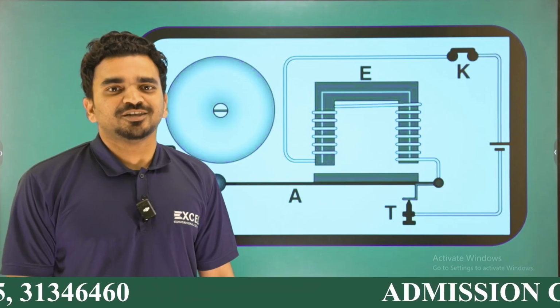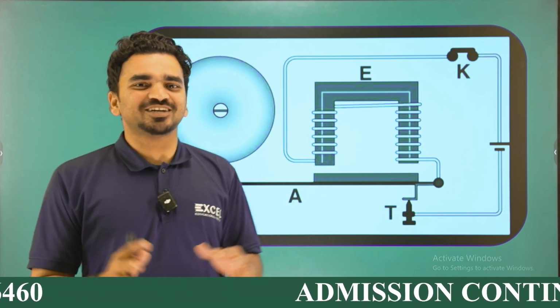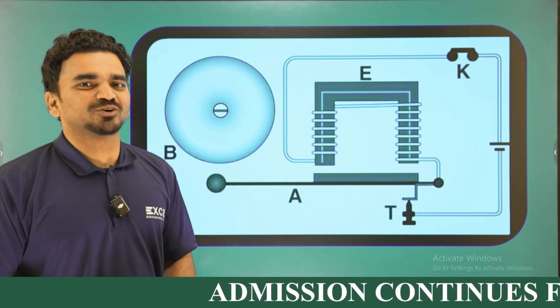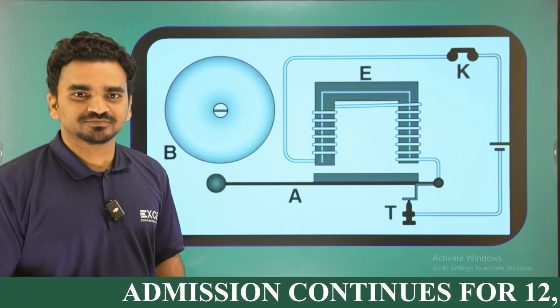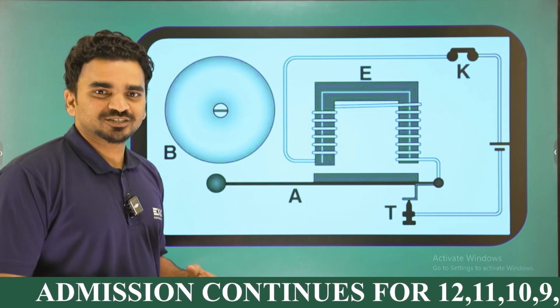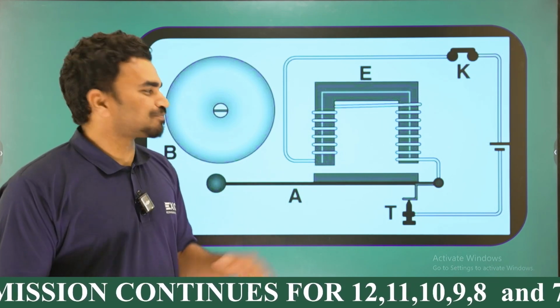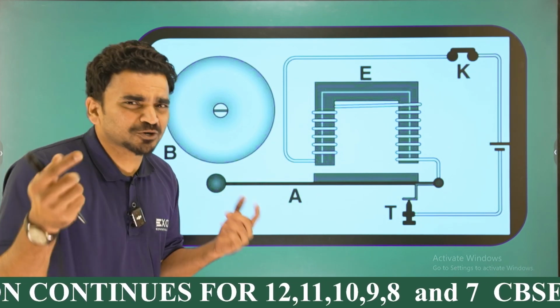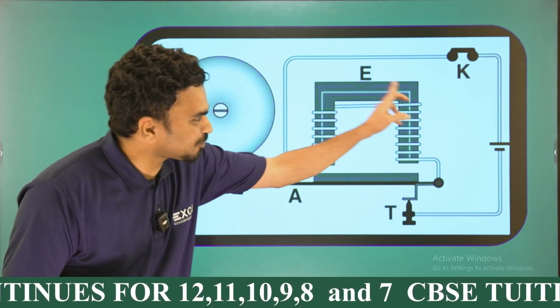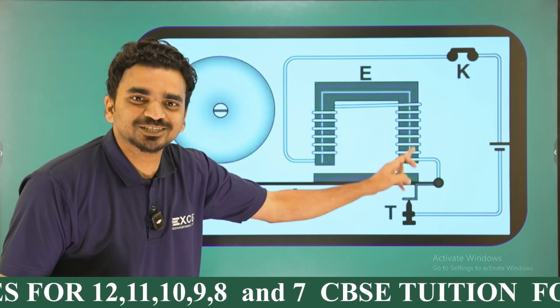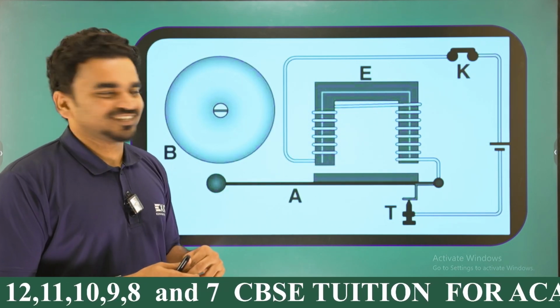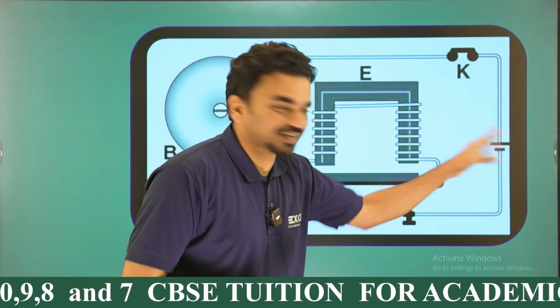All right. Now let me explain very quickly the electric bell working through this circuit diagram. See the circuit. What is the main element present in this electric bell? Can you spot it? That is the electromagnet. To run current to the electromagnet, we have a battery.